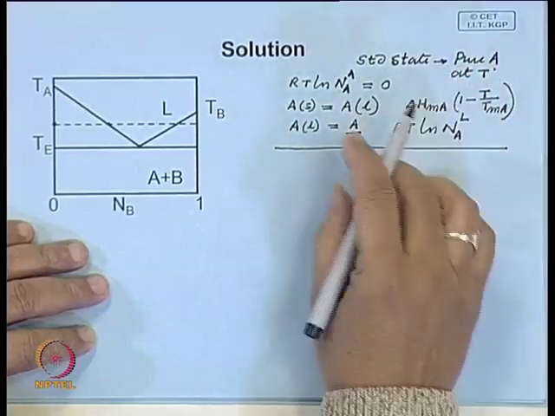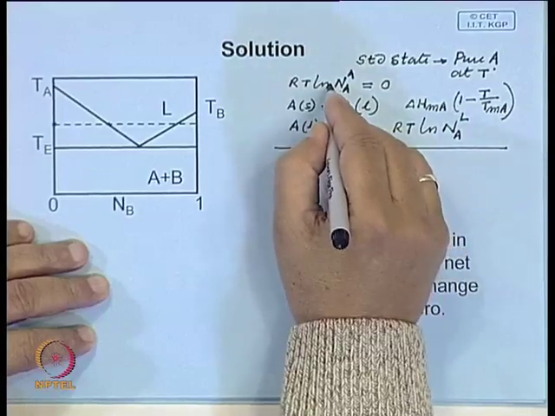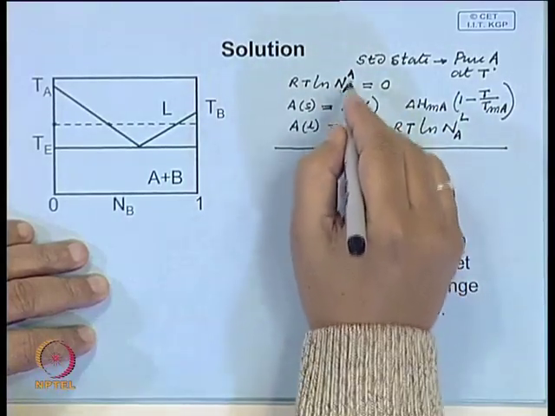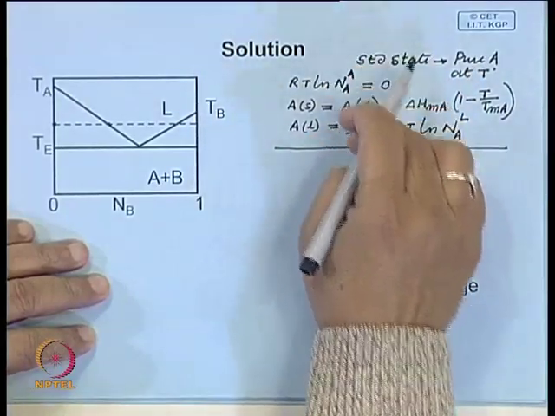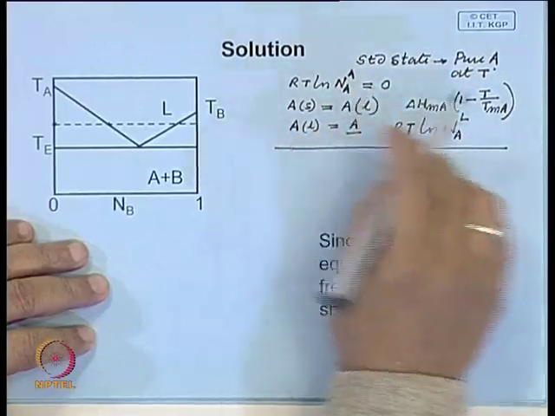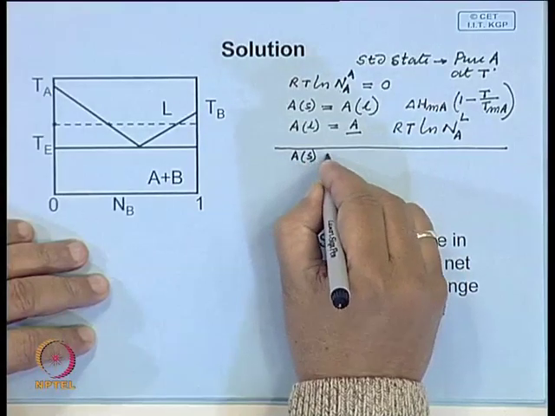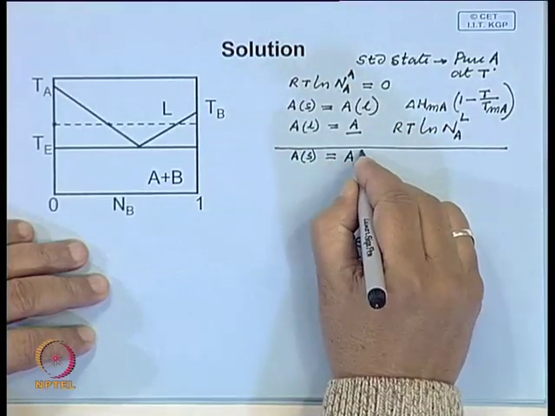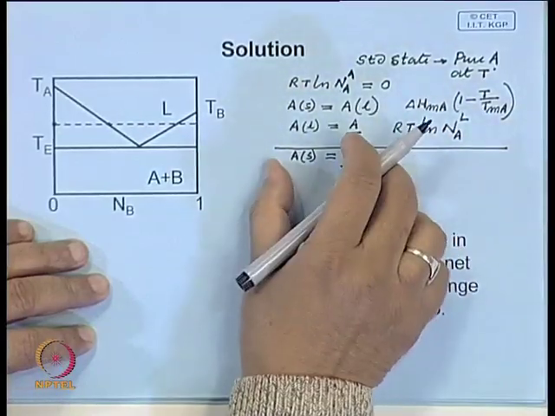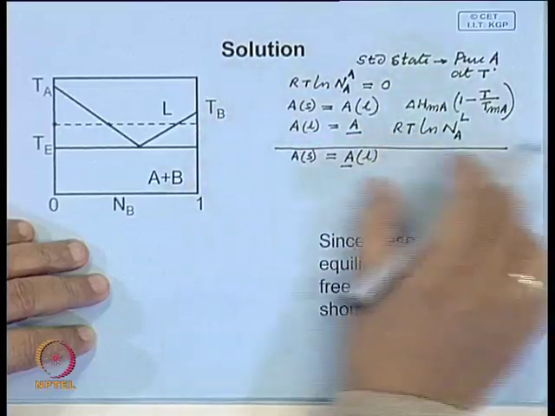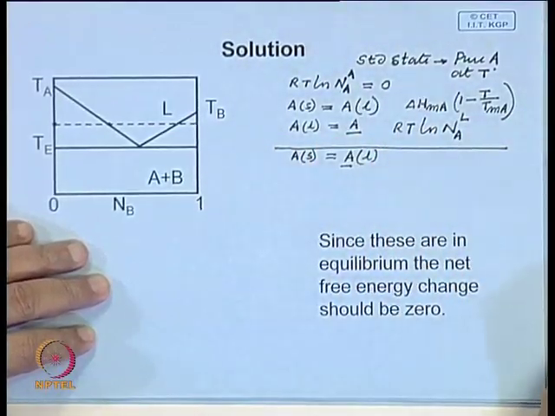So, this is the partial molar free energy of A in liquid, and this should be equal to this. That partial molar free energy is also known as the chemical potential, and these two potentials should balance. So, if you sum these together, you assume that this is some kind of a chemical reaction, and you add the two and they are in equilibrium. Therefore, these two should balance, and with this what you get is listed here.